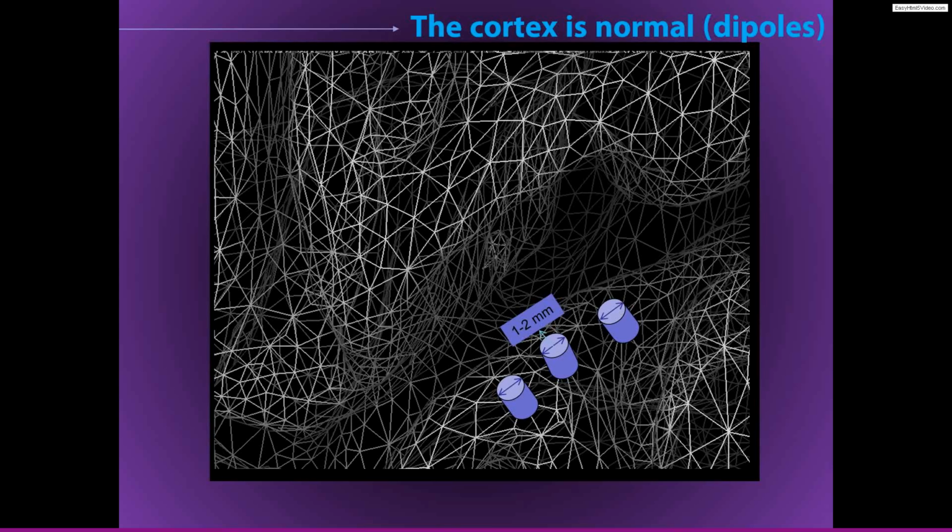Each one is approximately 1 to 2 millimeters in diameter. Each one contains somewhere around 10,000 to 100,000 neurons. And all of the neural dynamics and neurophysiological and biophysical dynamics that are happening inside each of these tubes is the same. It is functionally homogeneous, what's happening inside this tube.